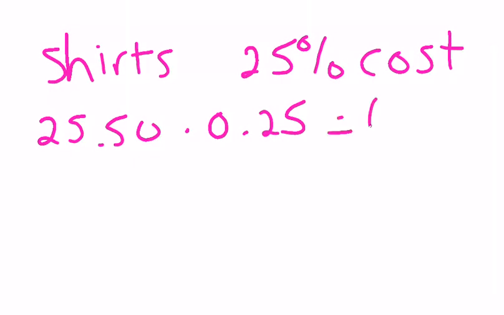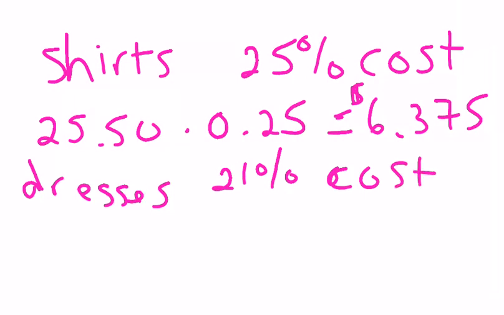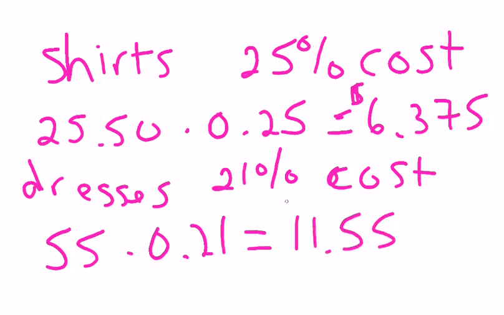And that is 6.375. Again, this is money, so we can round it or we can leave it, either way. We would do the same thing for dresses. The chart says that's 21% of the cost. So they spent $55 on dresses times 0.21, and that's $11.55.